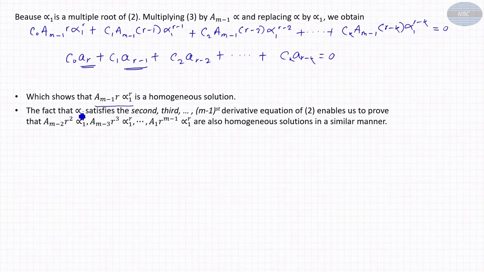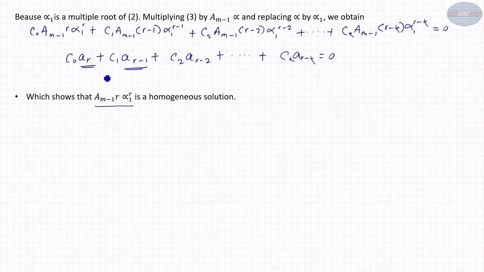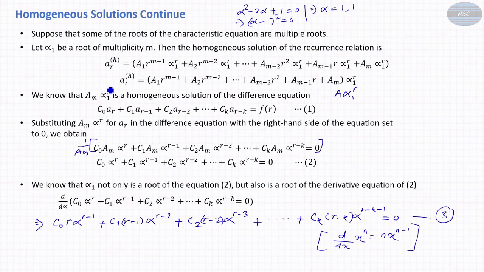The fact that alpha 1 satisfies the second, third, up to (m minus 1)th derivative equations of 2. As we saw in the last slide, alpha 1 satisfies the first order derivative of this equation 2.